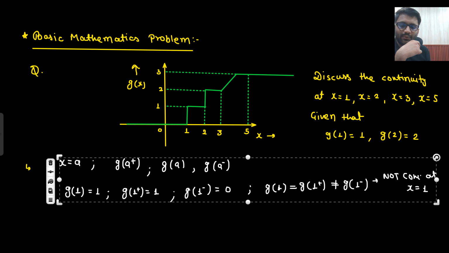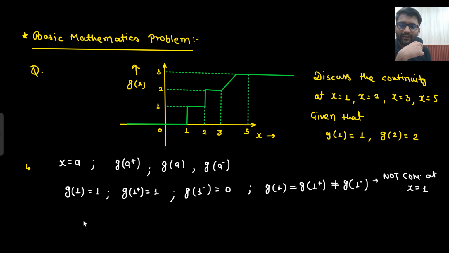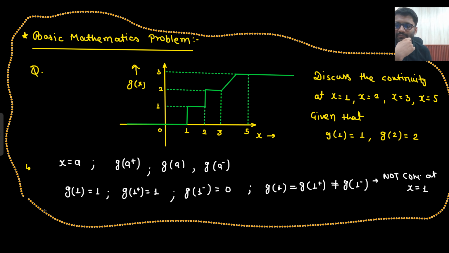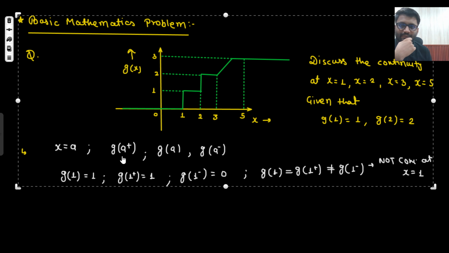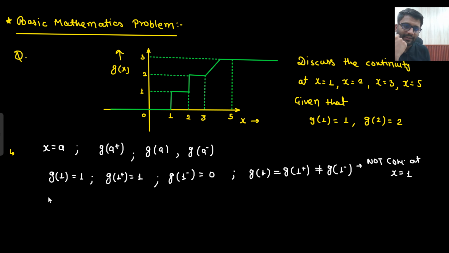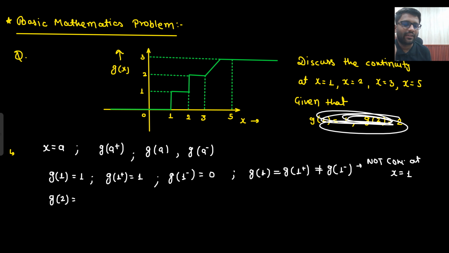Let's check at x equals 2, 3, 5. Everywhere we need to check, right? We don't have much space, so what we can do is put all these upward. Let's check at 2 now. If I directly give you this graph and this information is not given, and I ask you what is the value at x equals 2, you will say, sir, not defined, because there is a sudden jump.